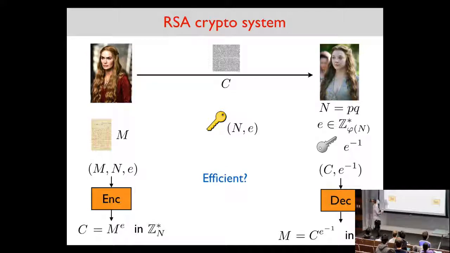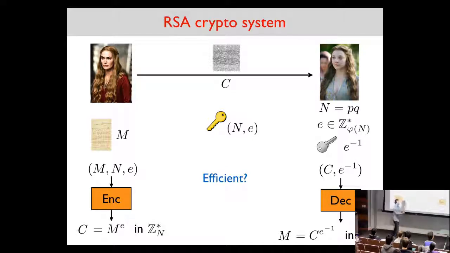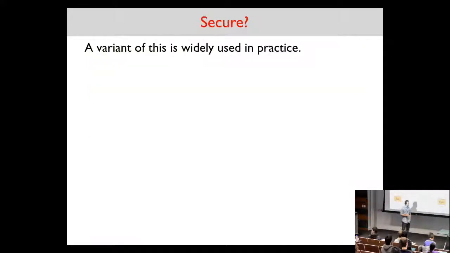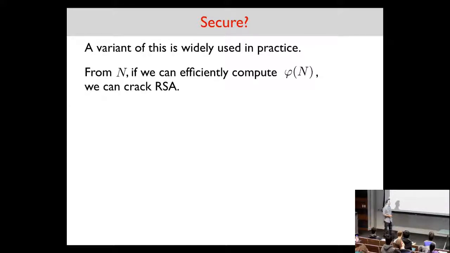So that is everything I just said. Is it efficient? Can you do things efficiently? Basically, the answer is yes, although I'm going to sweep this under the rug for now, because I don't have time. Is it secure? Well, a variant of it is very widely used in practice, so hopefully it's secure.